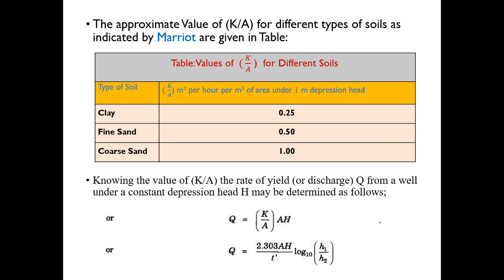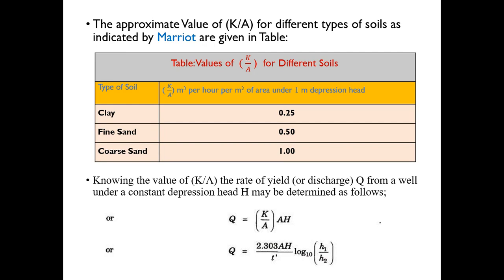For clay soil, it is 0.25 cubic meter per hour per square meter of area under 1 meter depression head. For fine sand, it is 0.50. For coarse sand, it is 1.00.